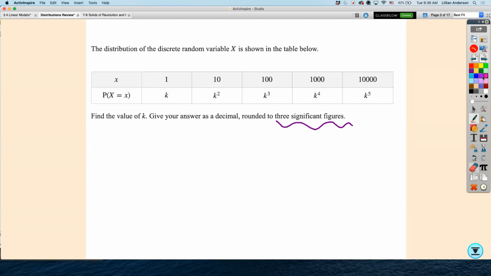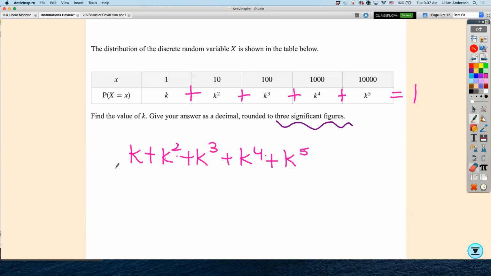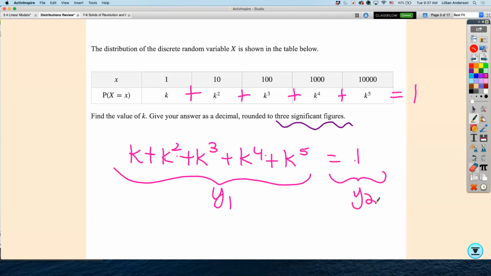Well, again, the sum of all of these should equal what? 1. And since you are able to use your calculator, what you should have done was plug K plus K squared plus K to the third plus K to the fourth plus K to the fifth into Y1, and then 1 into Y2 to see where they intersect.